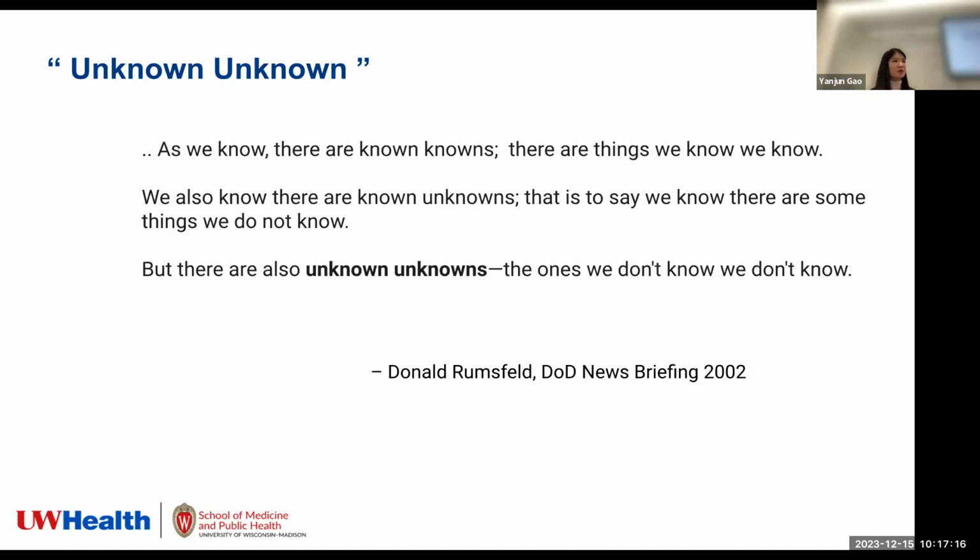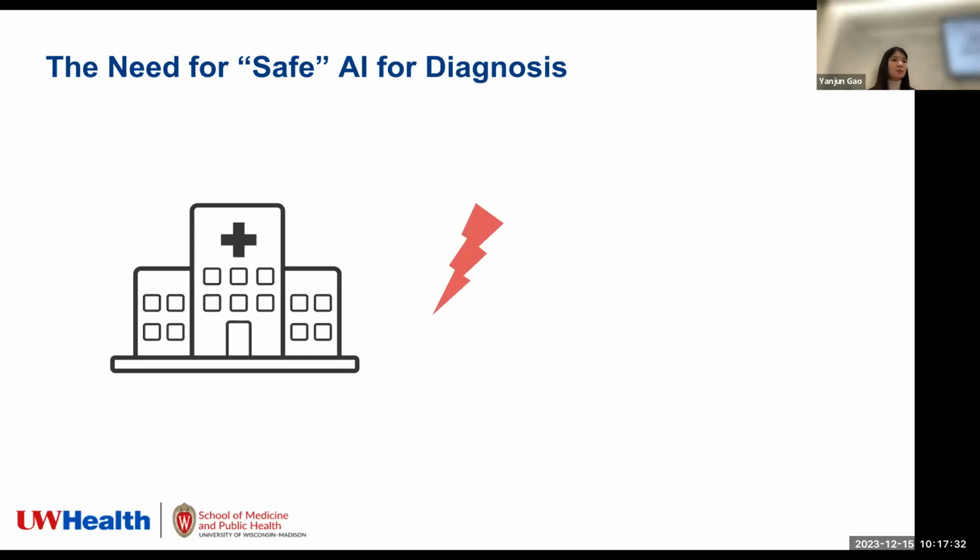There are many things that we know that we don't know, but there are unknowns about LLMs. We don't know how they work. We don't know the mechanics behind them. We don't know how they reach decisions or whether those decisions are really reliable.